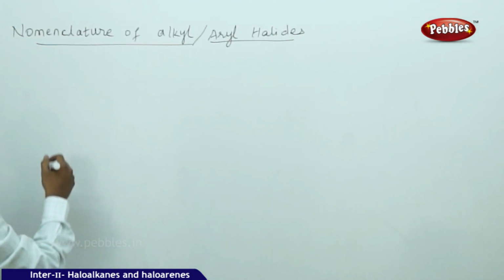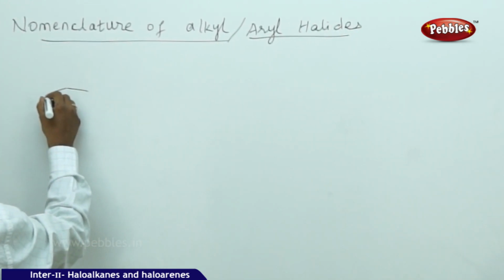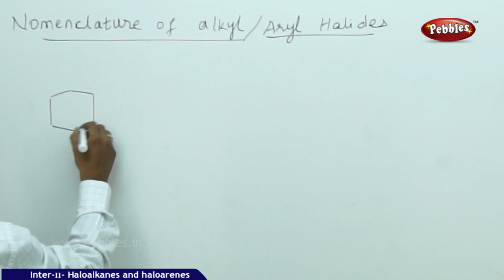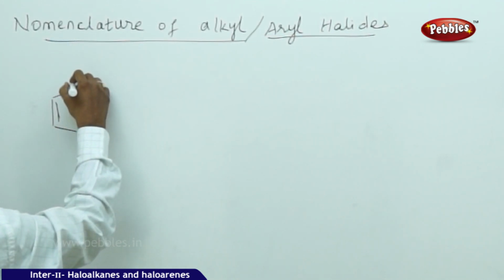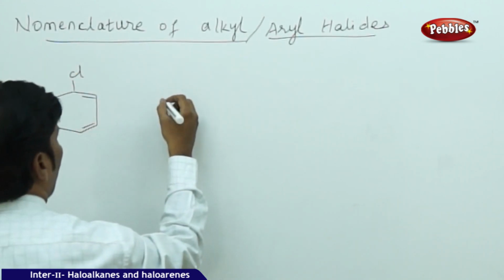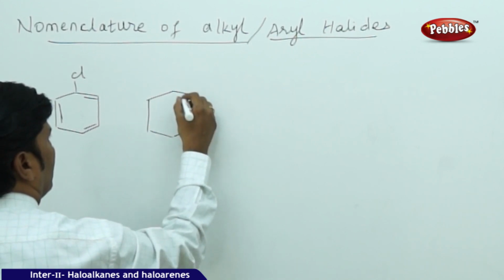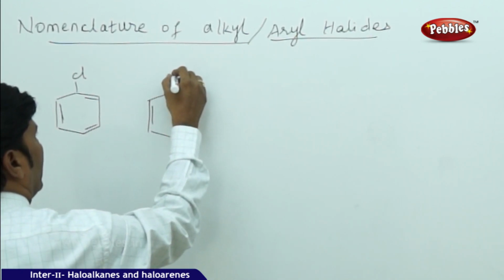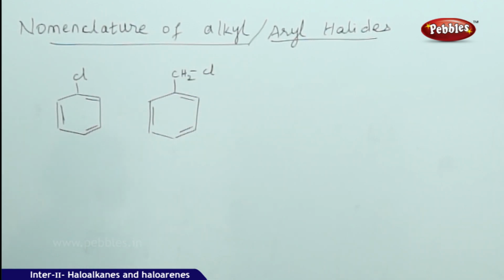In this we can take some examples. This is a benzene ring with chlorine, chlorobenzene. This is benzyl chloride. This is chlorobenzene.